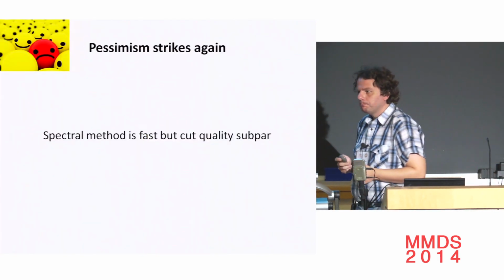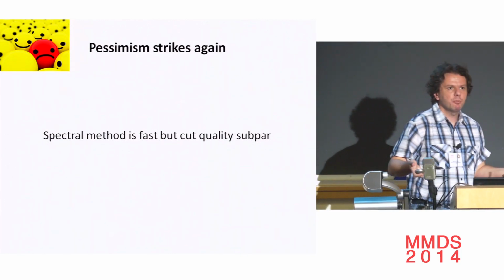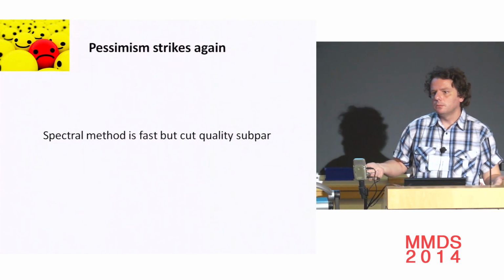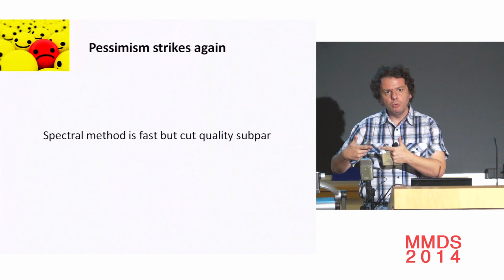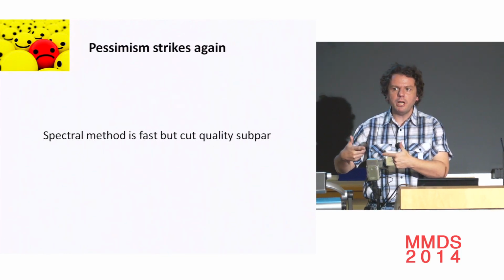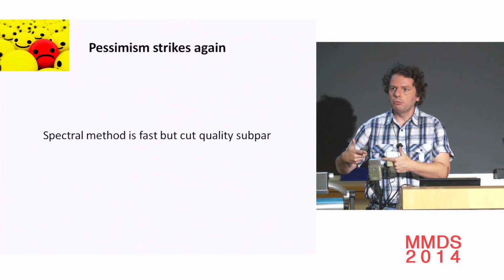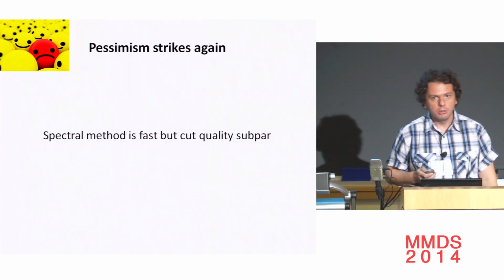So, okay, we can do things fast, but it looks like we have the problem that the quality cannot be that great, because we have this Cheeger gap between the smallest possible cut that may exist in the graph, which could have value as small as the eigenvalue, and the only thing we can guarantee, which is related to the square root of that.